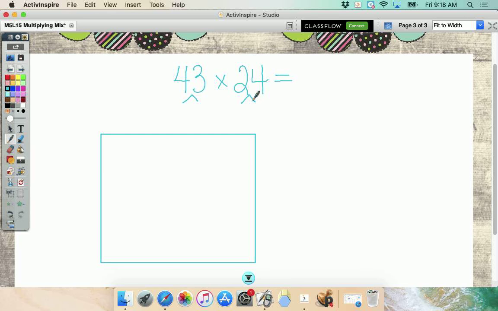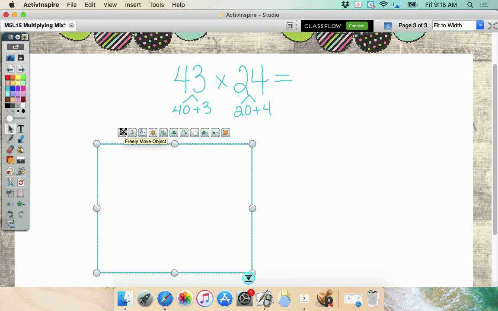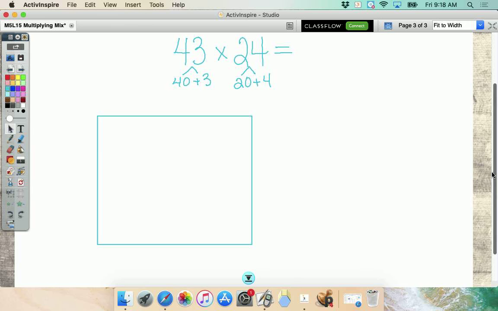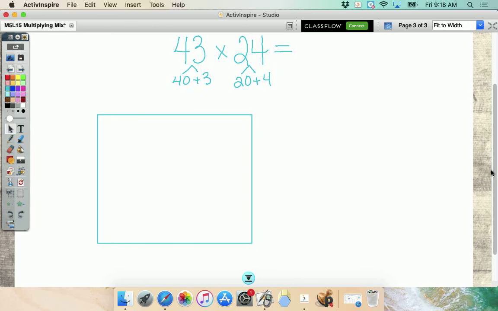Or sometimes the area models were there for us, weren't they? Yes. And then we did some decomposing. Okay? So how would I decompose 43? 43. 40 plus 3 and 20 plus 4. Go ahead and write that down. Okay? And then I decided, okay, I've got 1, 2, 3, 4 numbers.